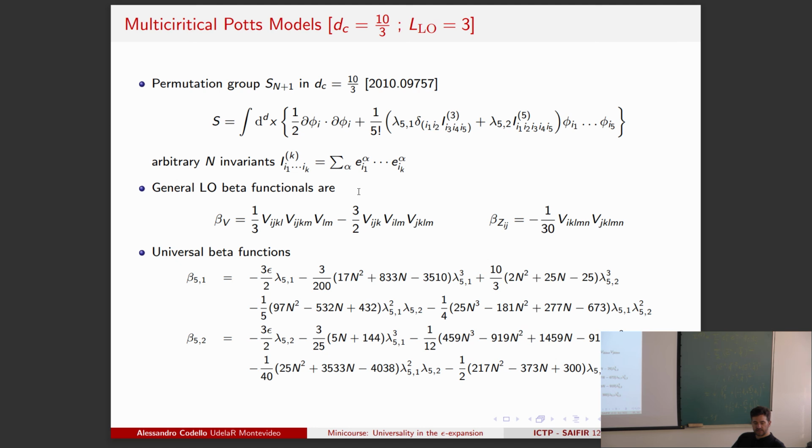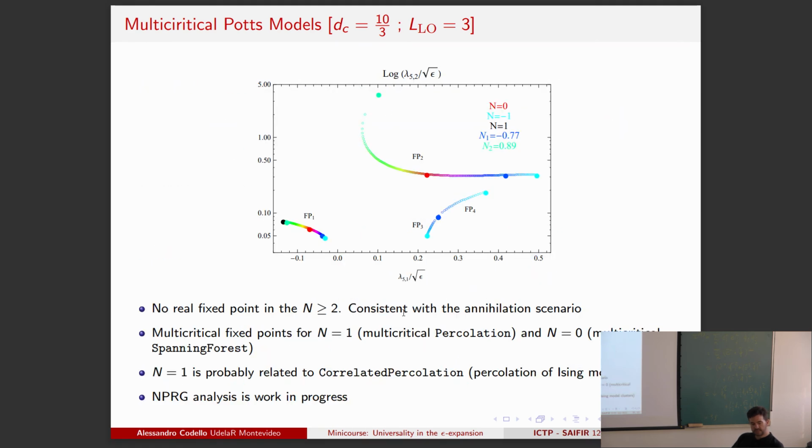We find a non-trivial set. Now it's interesting because there are 2 non-marginal couplings. So the space of fixed points becomes more interesting. We said that this is consistent with an annihilation scenario of the Potts model, the fact that it's first order in 3 dimensions. But here we are more interested in percolation and correlated percolation and things like that.